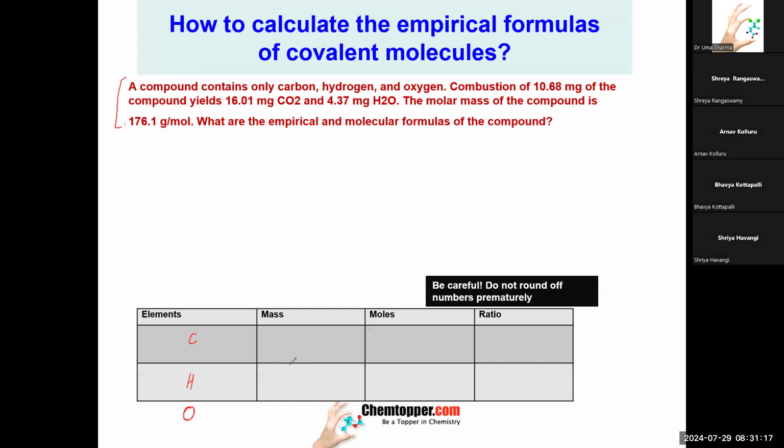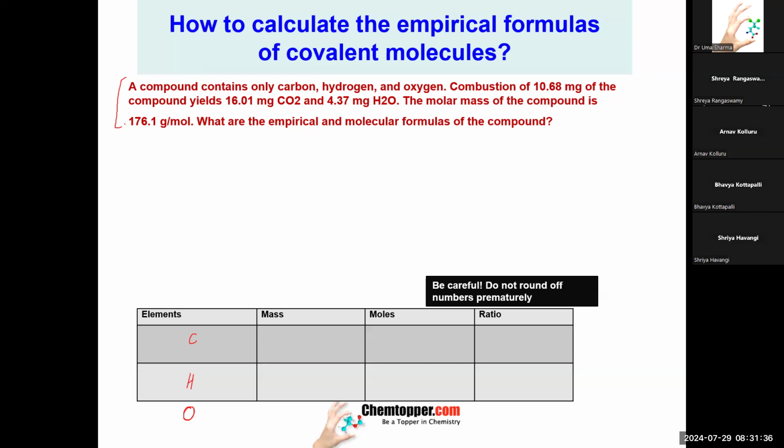So you remember the combustion analysis we were discussing yesterday? And I told you that you can use this equation: millimoles is equal to milligrams divided by molar mass. Don't convert the molar mass.